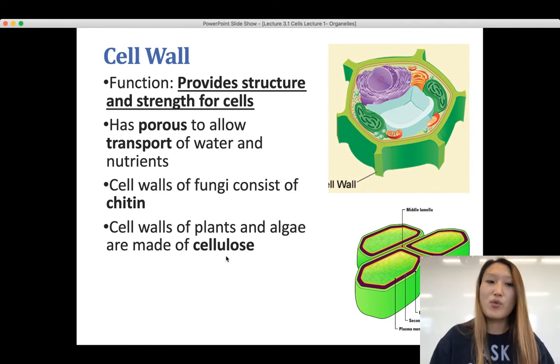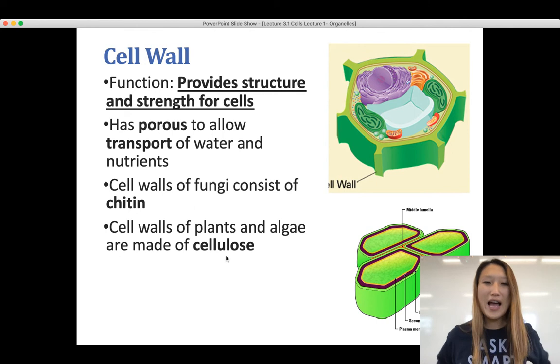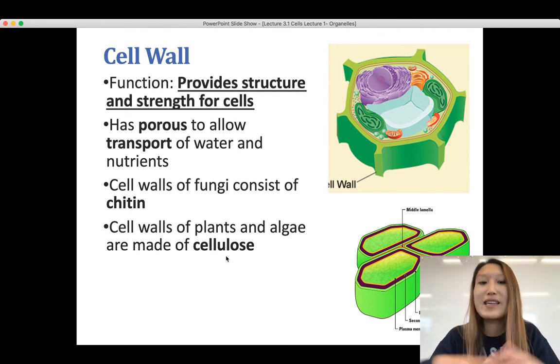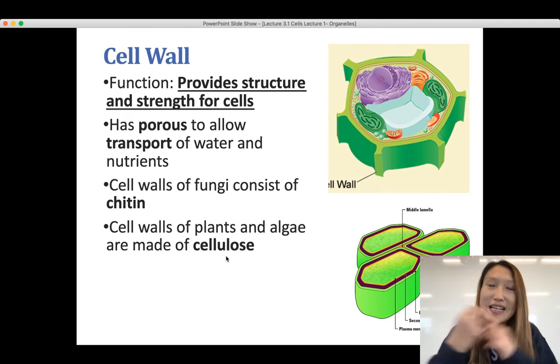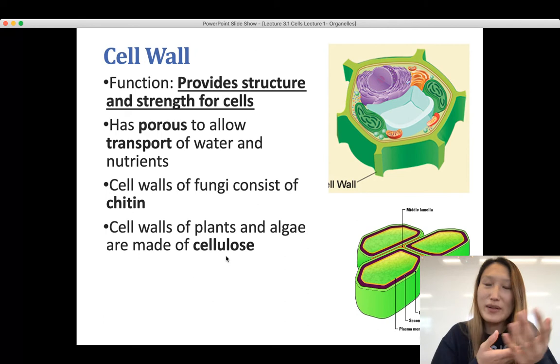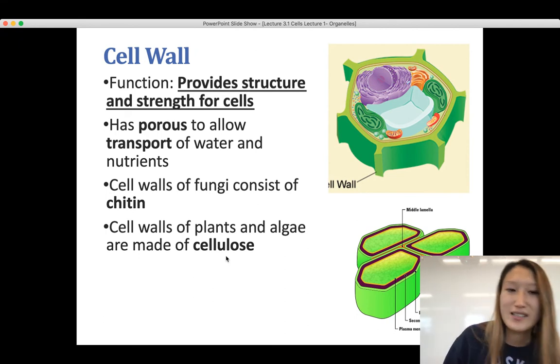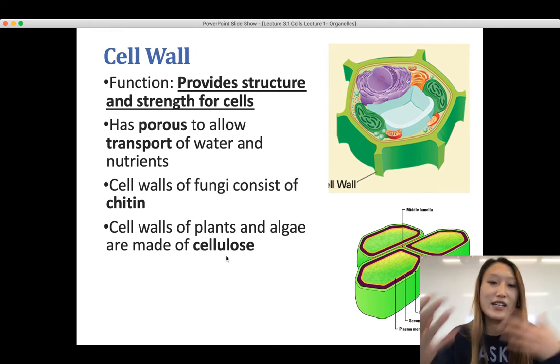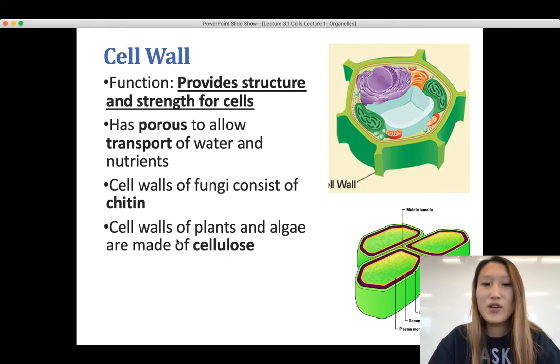For us, for example, we're not herbivores, so we don't have the enzymes to break down cellulose. When we eat plants, we're really just eating the plant fiber. We can't actually break down the plant fiber, which is one of the reasons why plants are good for us. It helps us digest other food, right? So we don't digest cellulose, and it's actually pretty difficult to break down.